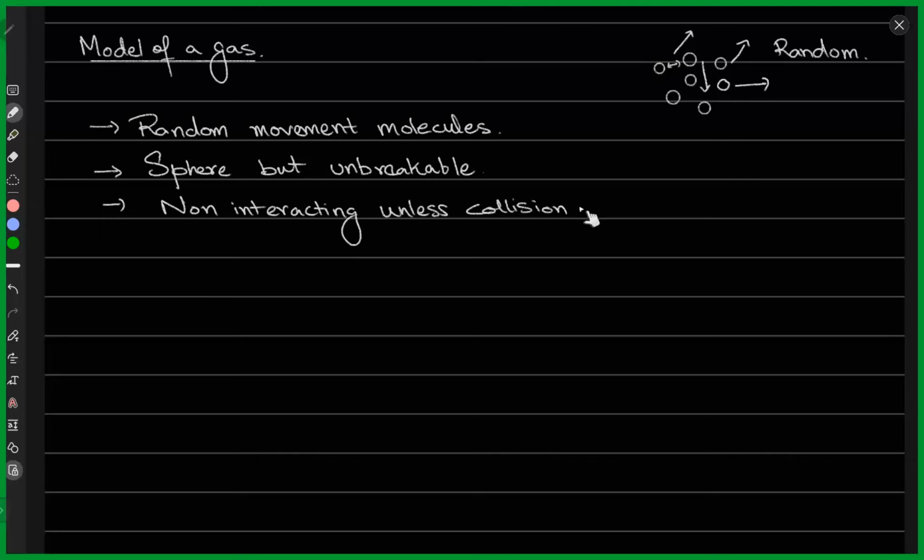I'm sure that you're all aware of what I mean by collision, right? Everyone understands the idea of colliding molecules. They're just going to hit each other, and that's when the interaction is going to happen.